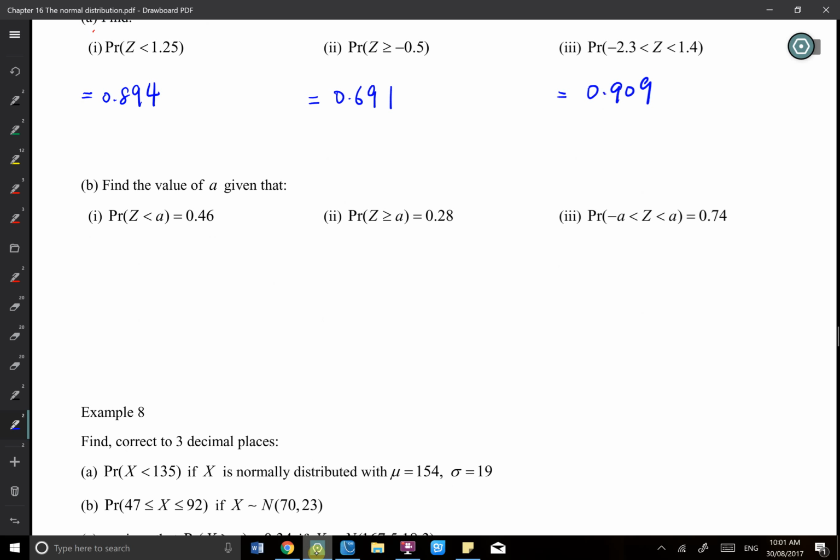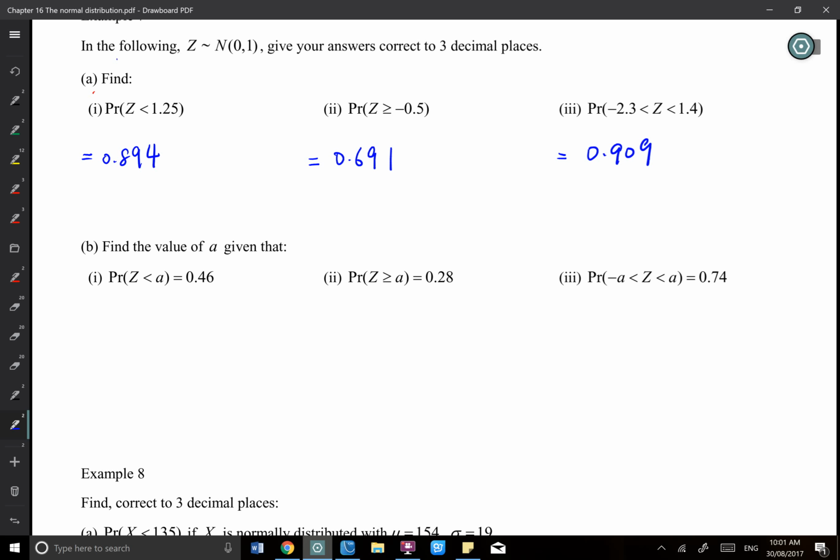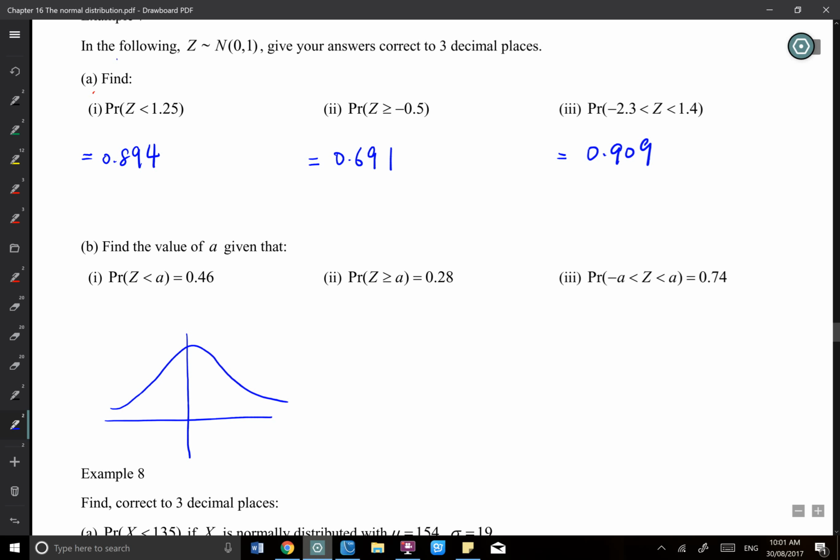Another one: exercise B is about working backwards. What you know here is that it's normal, and for a number less than some number, the area is given as 0.46. So what we have is a diagram like this. It's not a very good diagram.